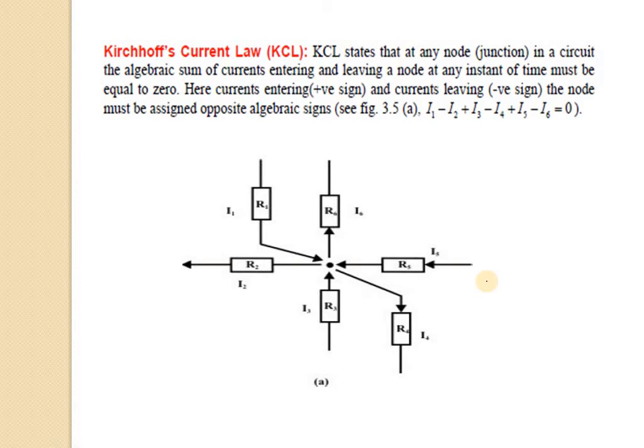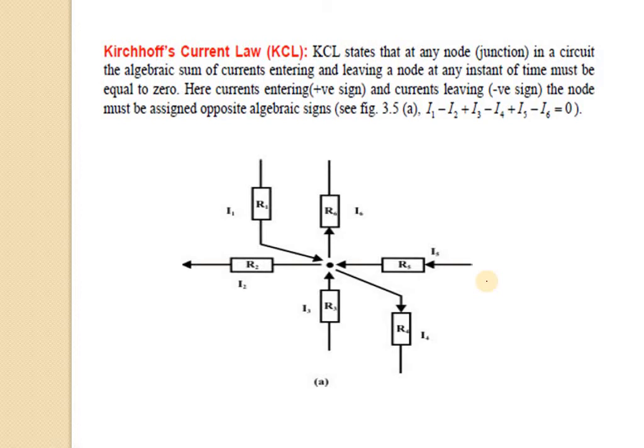KCL says that at any node or junction in a circuit, the algebraic sum of currents entering and leaving a node at any instant of time must be equal to 0.